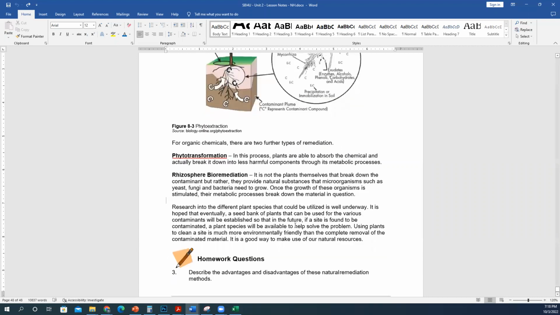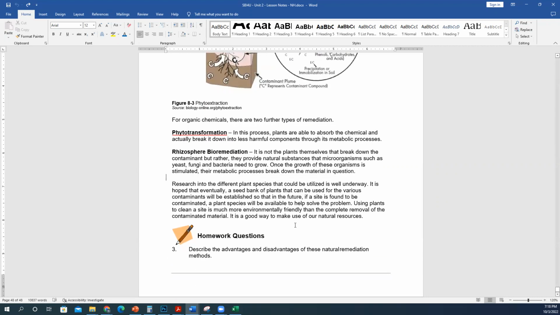And so there's quite a bit of research into the different plant species that can be utilized in this way, and it's hoped that eventually a seed bank of plants can be developed that will be useful for different contaminants, so that in the future, if you have a site that is found to be contaminated with a certain contaminant, there will be a plant species that will be specific to help clean up that contaminant and solve the problem.